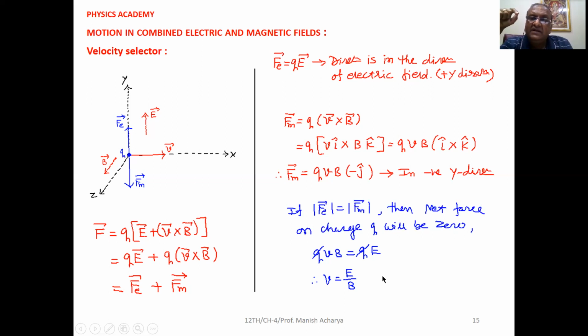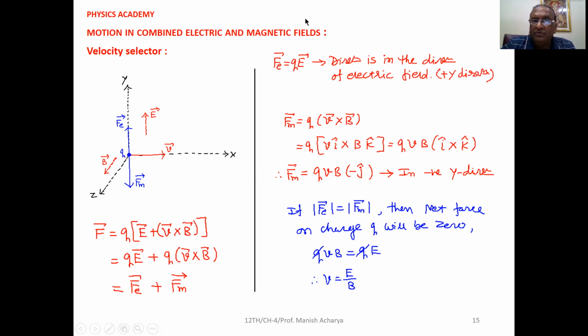So if electric and magnetic fields are mutually perpendicular, and if a charged particle enters perpendicular to both with velocity E by B, then in that particular case, the net force on the charged particle will come to zero, and the particle will move with constant velocity without changing its path.